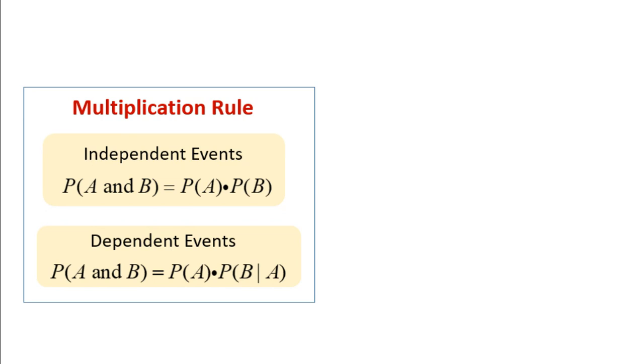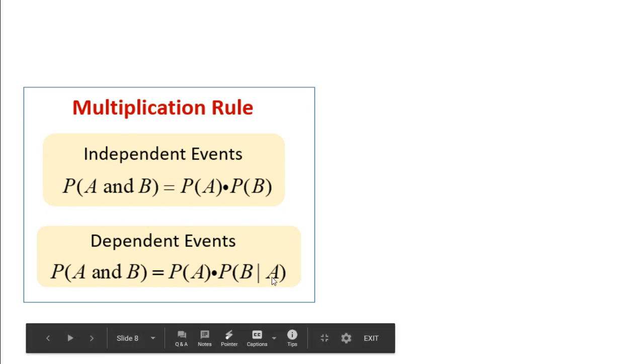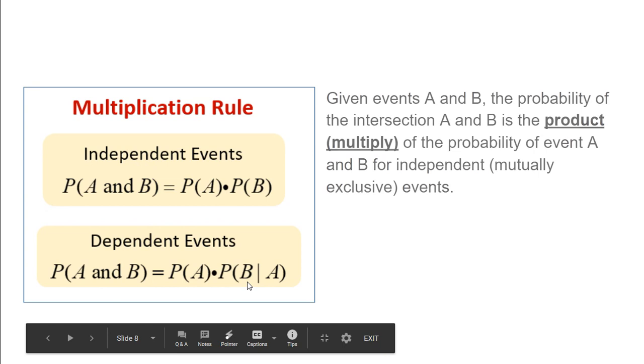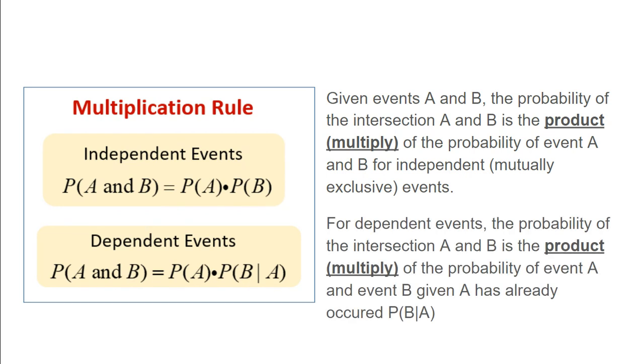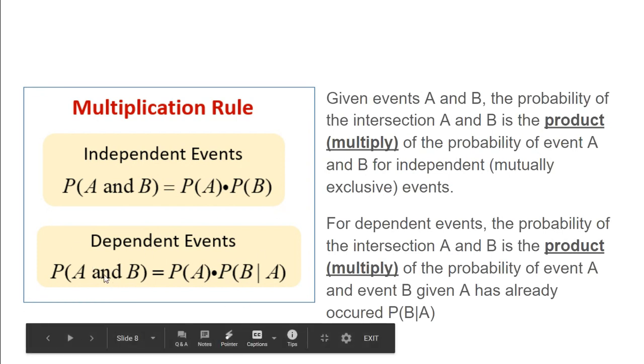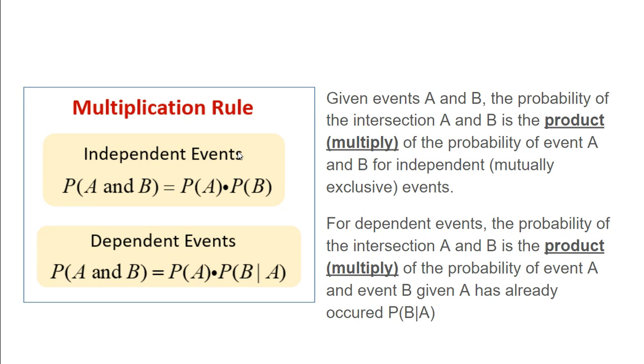Their probability is the probability of event A times the probability of event B, given that A has already happened. So this is just saying if you have situations that involve no replacement or things of that nature, you would be using this second equation. So the product of the probabilities is used for independent events, mutually exclusive events.